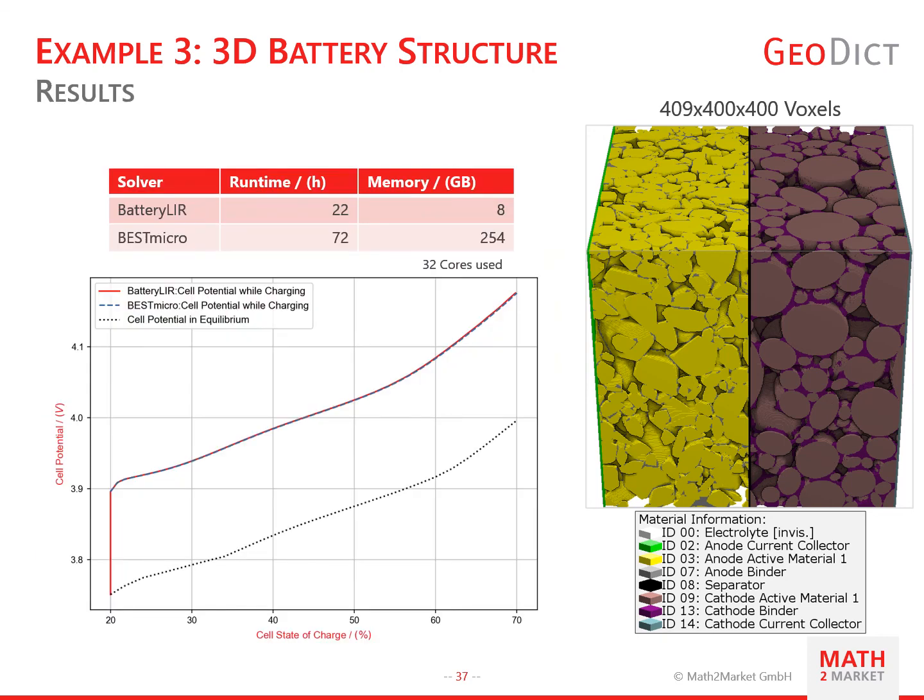Also in this example, the computed cell potentials are almost the same, but now the BatteryLear can benefit from a much better parallelization. Here, the BatteryLear needs just 22 hours compared to the 72 hours of the BestMicro solver. The BatteryLear needs just a fraction of the memory that the BestMicro solver needs. Just 8 GB compared to the 254 GB.